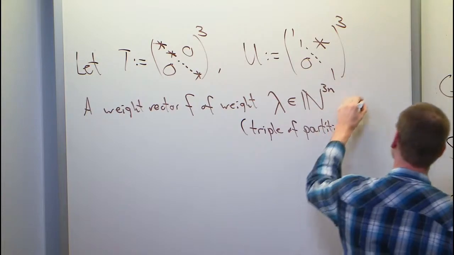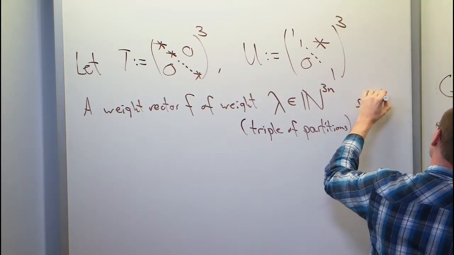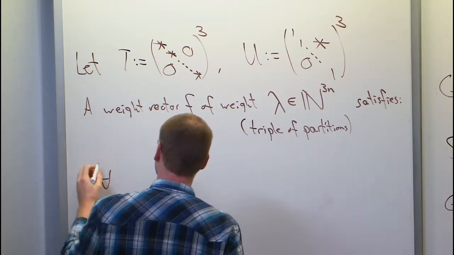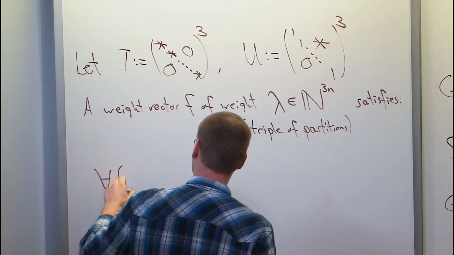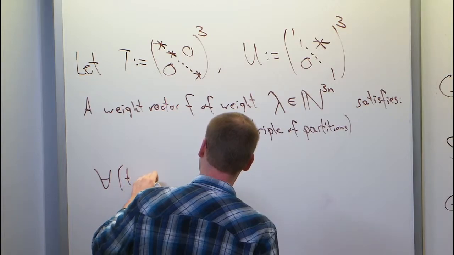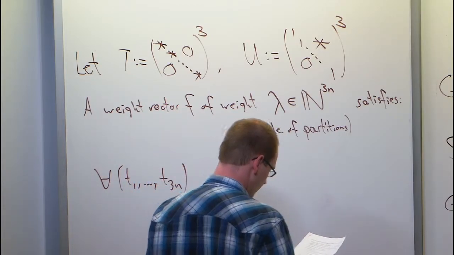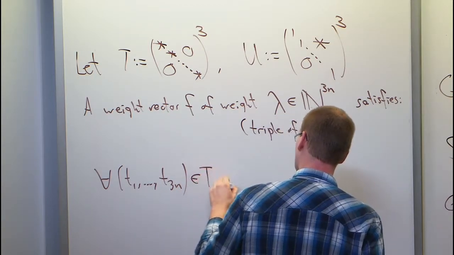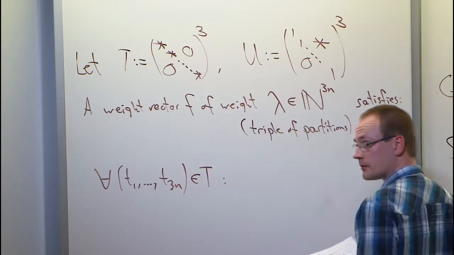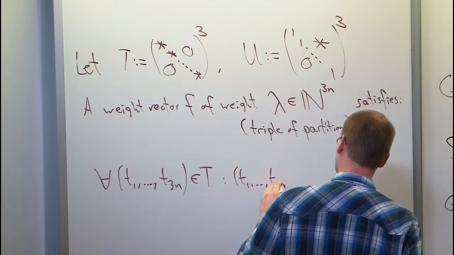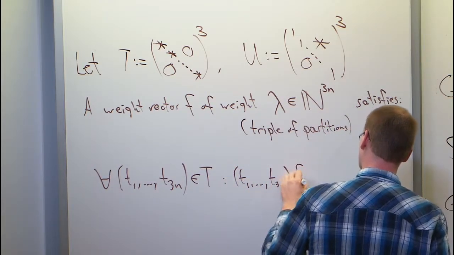What does it satisfy? That's basically the definition. Whenever you have a diagonal matrix, for all T1 up to T3n, that's your diagonal matrix, and you let this one act on your F, what should it be?